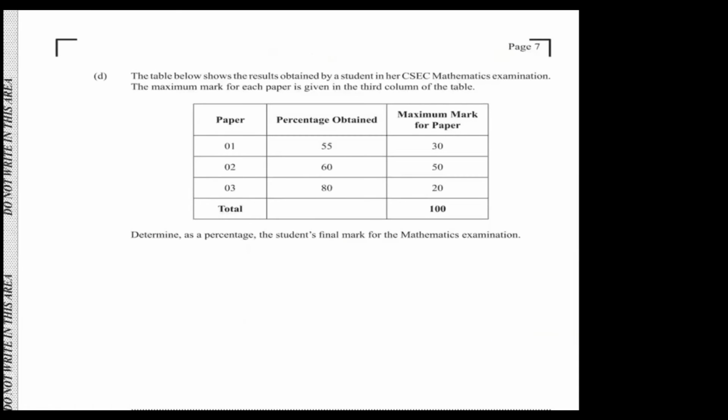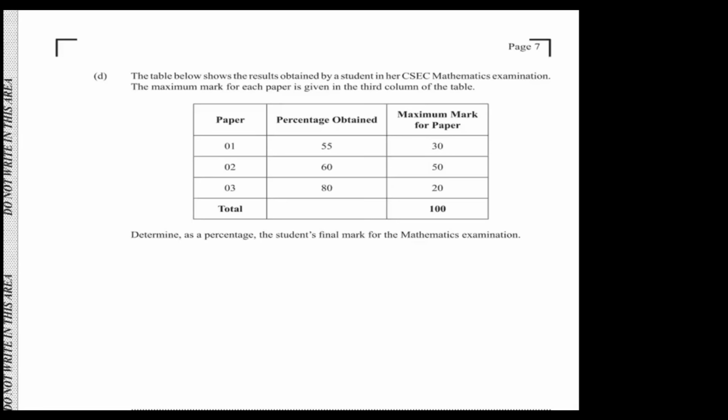Now, this question says, the table below shows the results obtained by a student in her CSEC mathematics examination. The maximum mark for each paper is given in the third column. For her Paper 1, the MCQ, she obtained 55% out of 30.